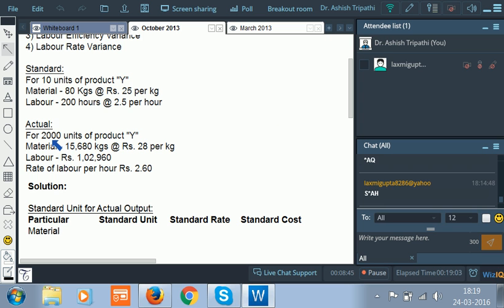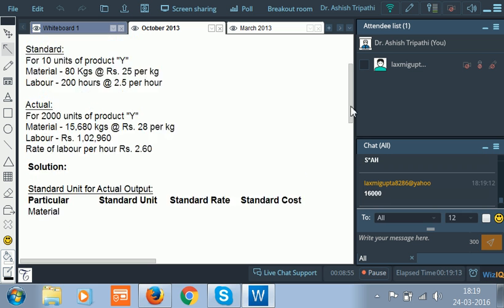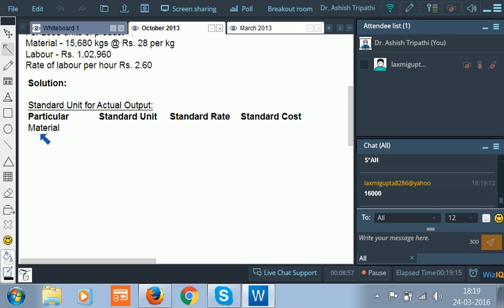So for 2000 units it will be how much? We will have to do the cross multiplication. Very good, 16,000 kg is the right answer.